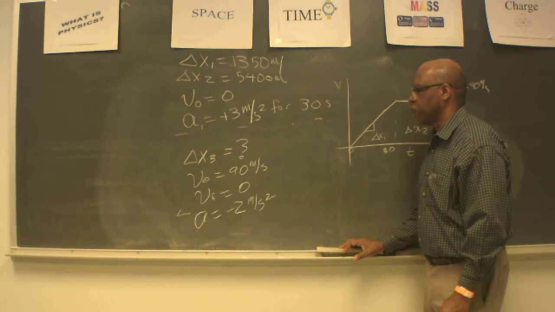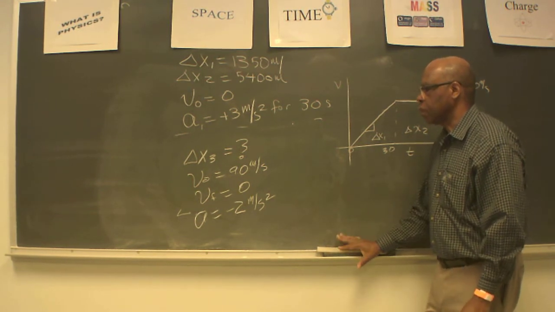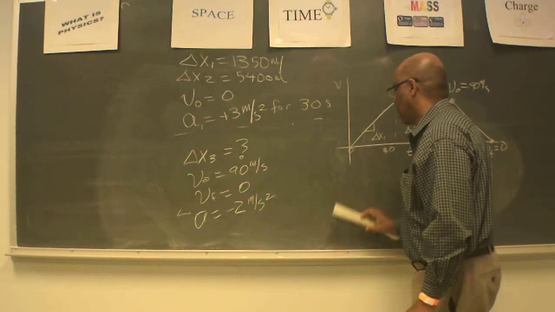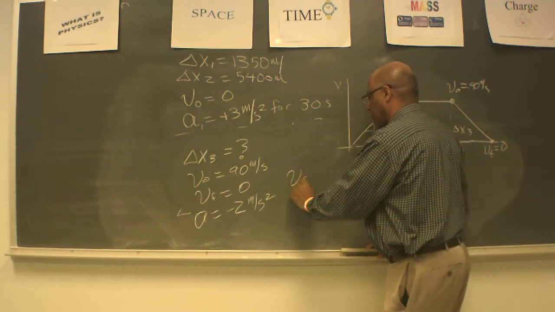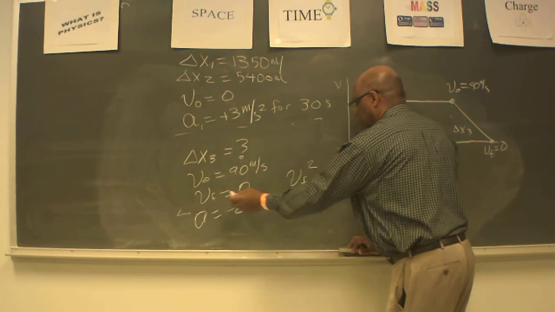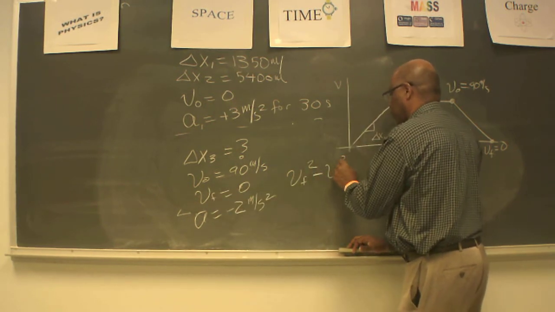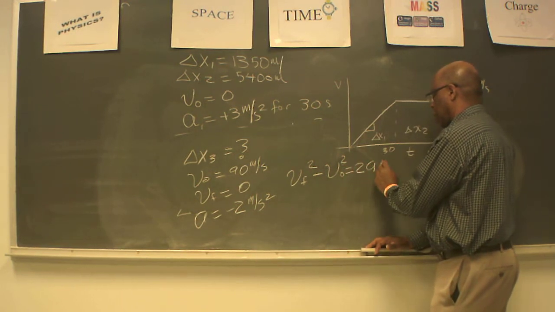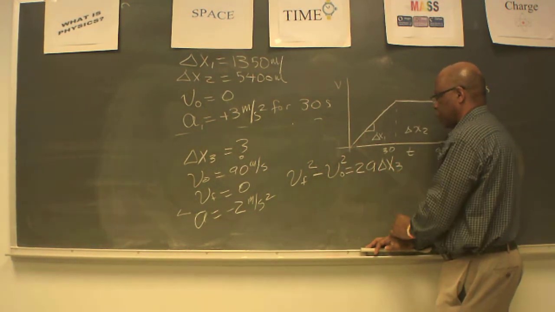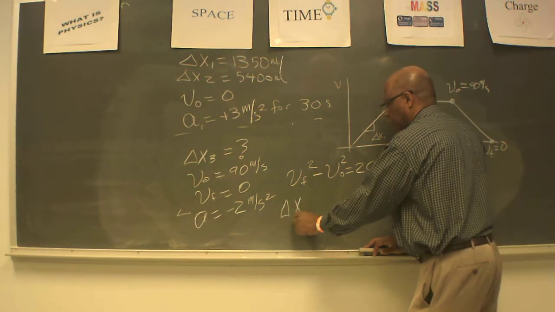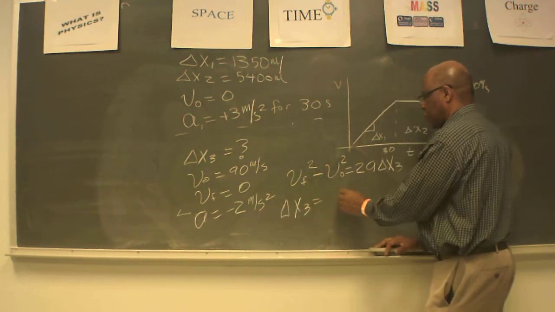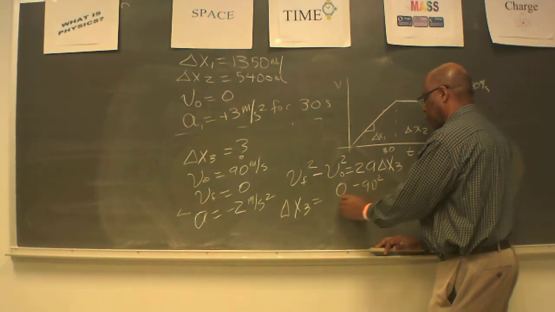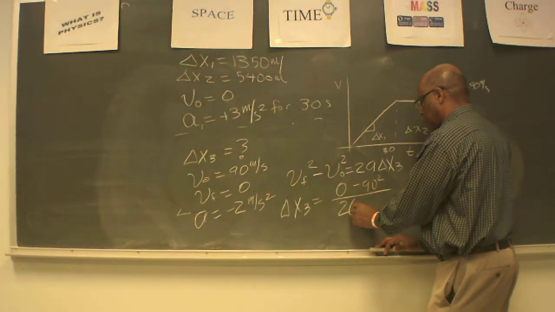The equation you're going to use, notice there's no time, is v final squared minus v initial squared equals 2a delta x3. So delta x3 equals 0 squared minus 90 squared divided by 2 times negative 2.